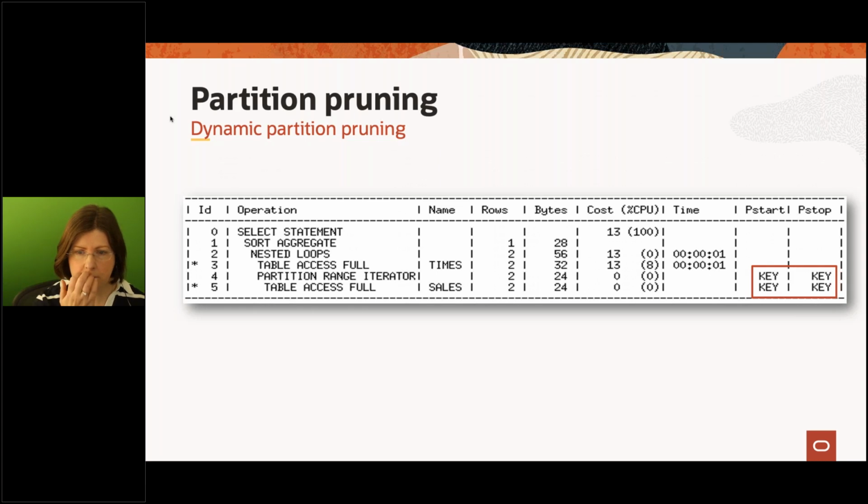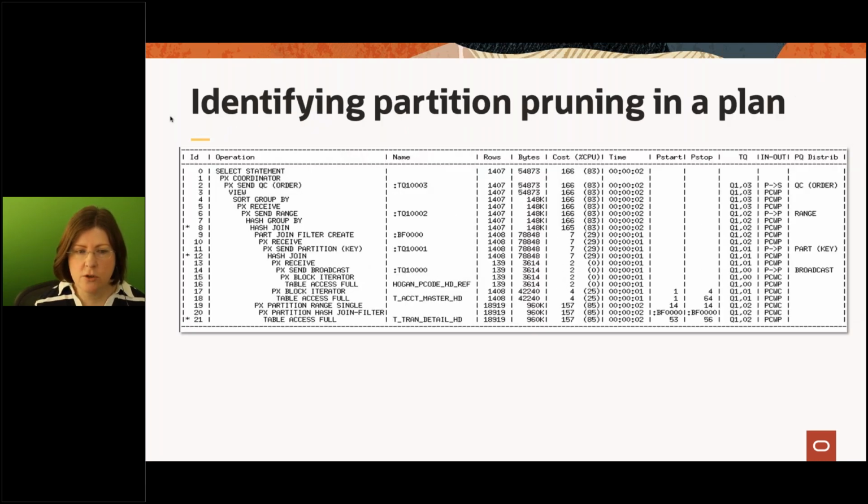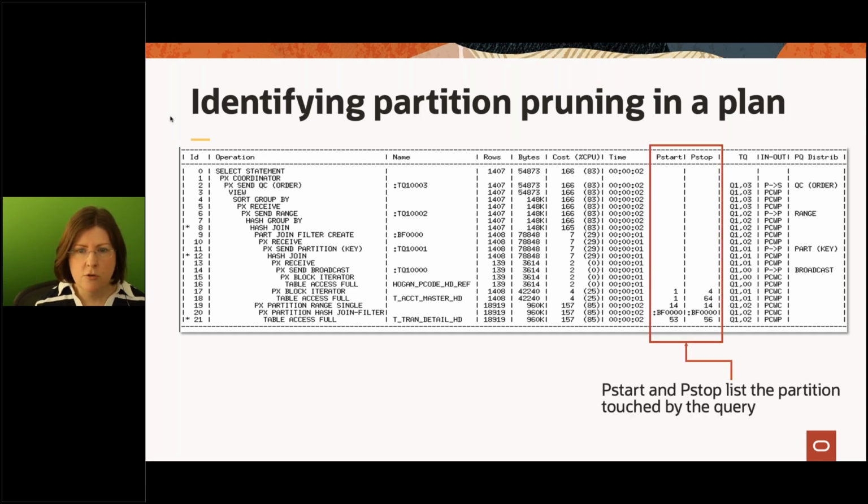So the other thing you're going to see in our extended plan, where do I identify this partition pruning is going on? Remember, you're looking at the P start and the P stop columns. That'll show you what partitions are being accessed. I talked about the fact that if you see numbers, then you're getting static pruning.